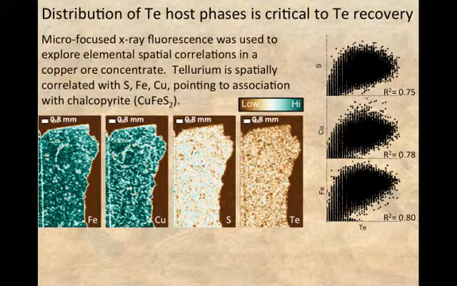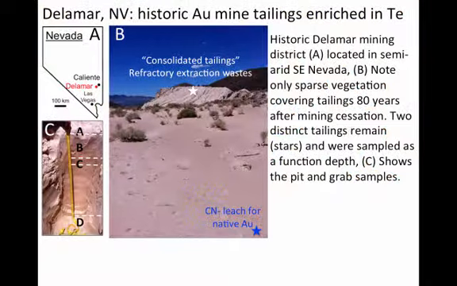Another example. So this is Delamar, Nevada. It's a historic gold mine tailings that are enriched in tellurium. And so you can see here in part A we have a map showing where the site is. I'm using red to highlight where the site is, not Caliente or Las Vegas.